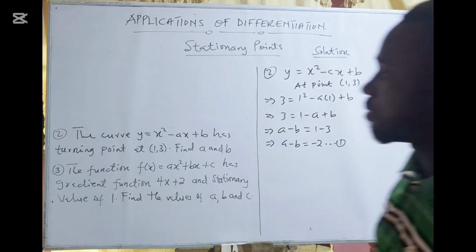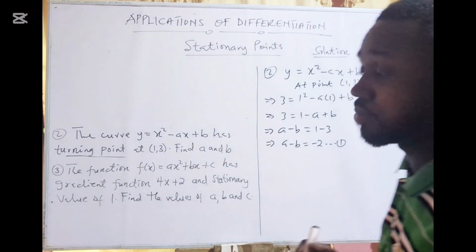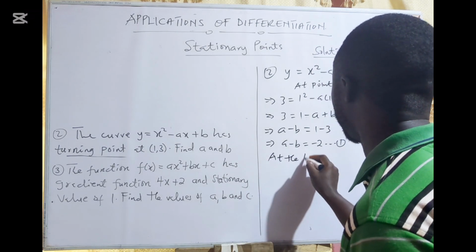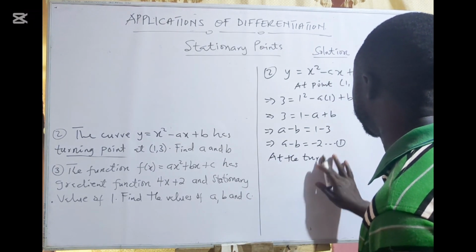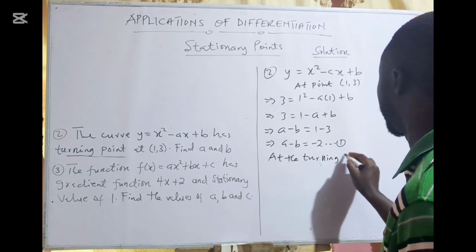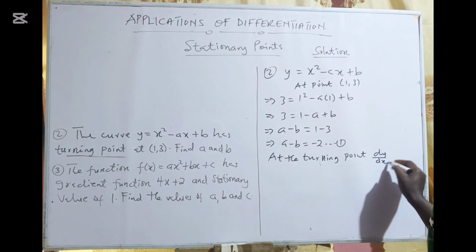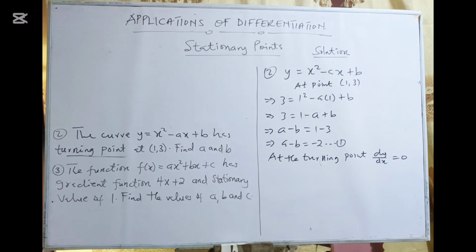Okay, then I come and consider the turning point. What happens at the turning point? At the turning point, dy/dx is equal to 0. The turning point is where the curve will be at the maximum or the minimum.